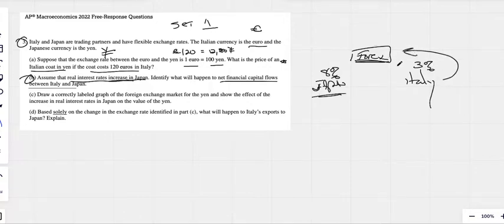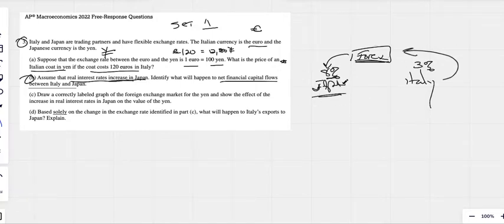They're going to drop their euro into the FOREX, and they're going to buy Japanese yen. And then they're going to take those yen and put them in Japanese banks, and they're going to get that 8%.